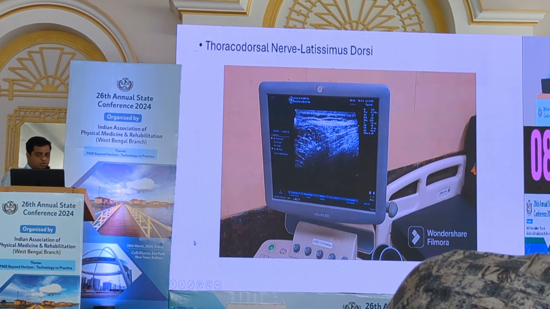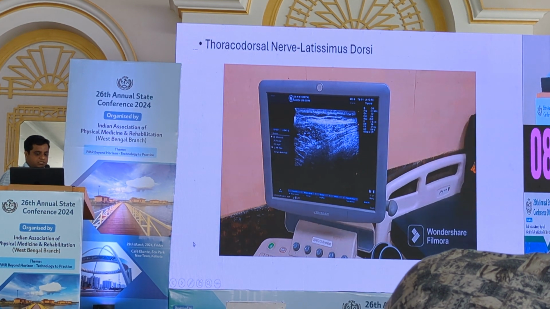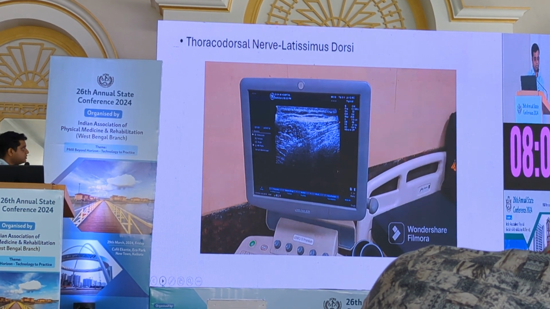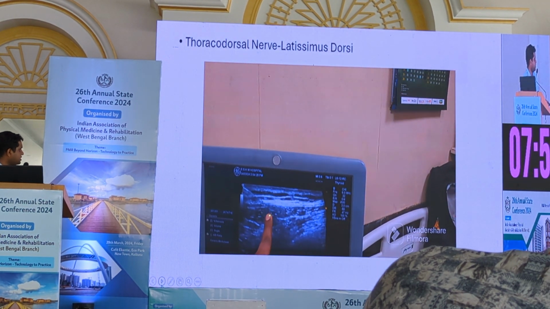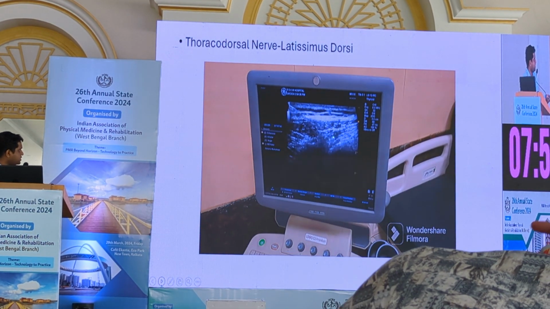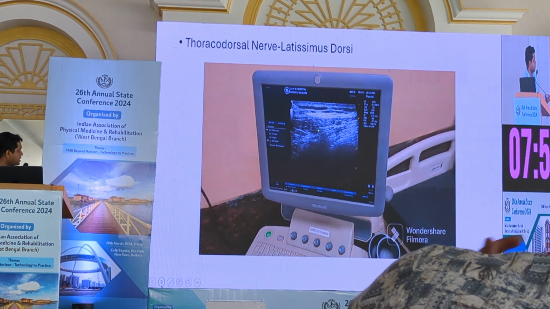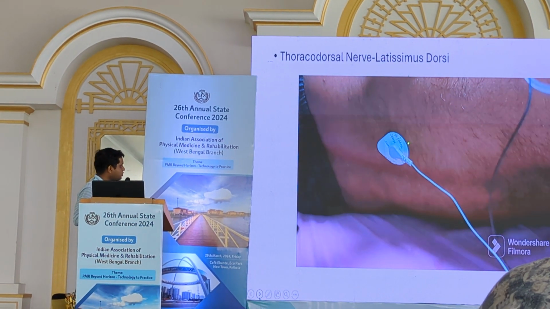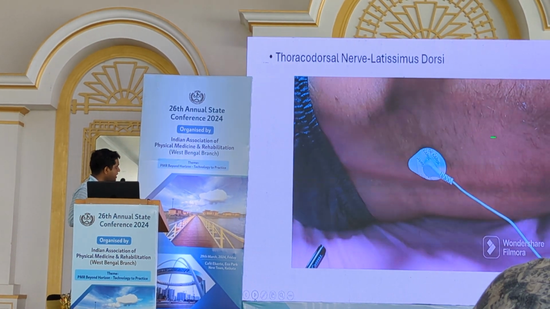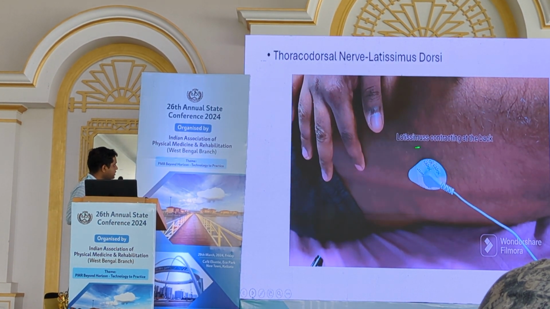Then we neurolyze the thoracodorsal nerve which supplies the latissimus dorsi. This is the latissimus dorsi and this is the serratus anterior muscle, and the thoracodorsal nerve runs between them along with the thoracodorsal artery, which is our landmark. We see a beautiful movement of the latissimus dorsi, which is going up to the back. It inserts here, so it is going up to here.